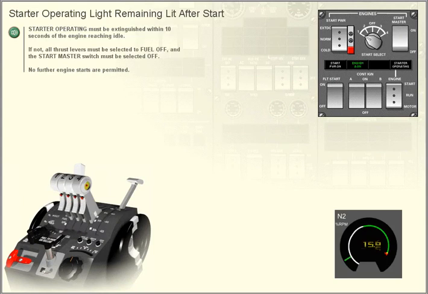Starter operating light remaining lit after start. Starter operating must be extinguished within 10 seconds of the engine reaching idle.